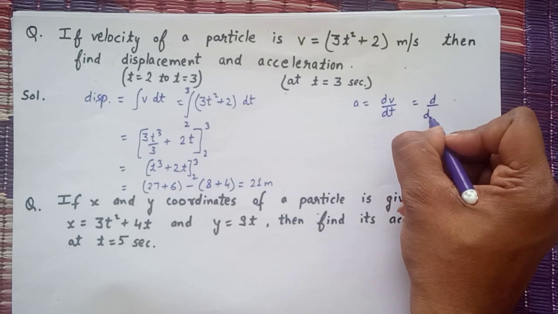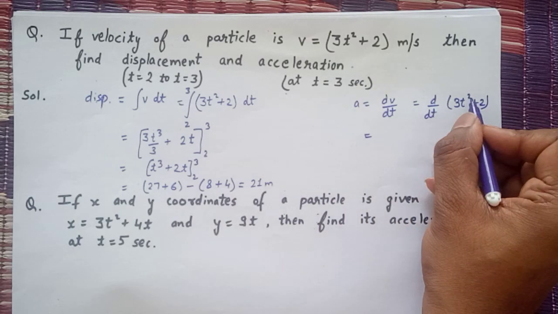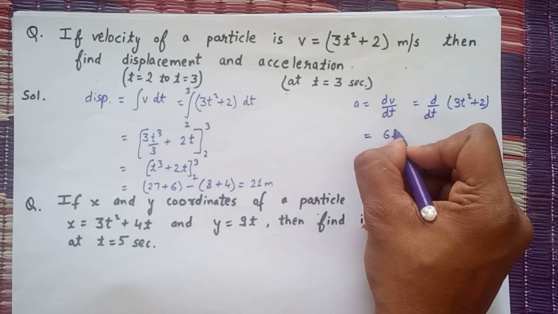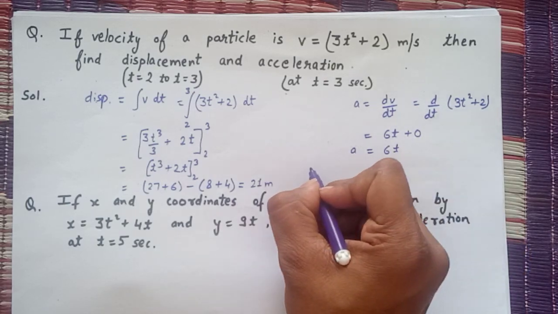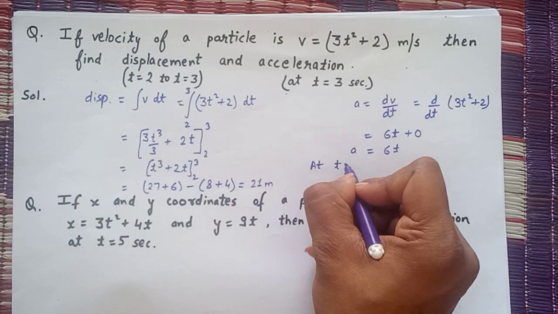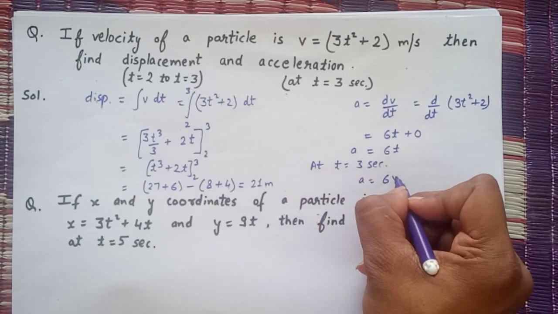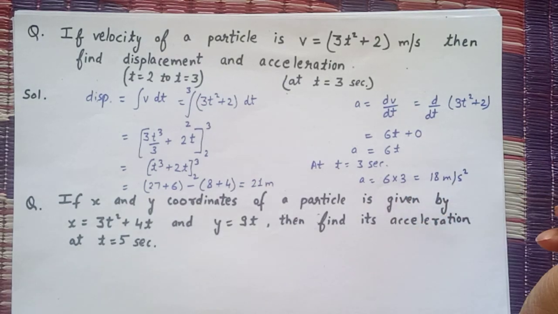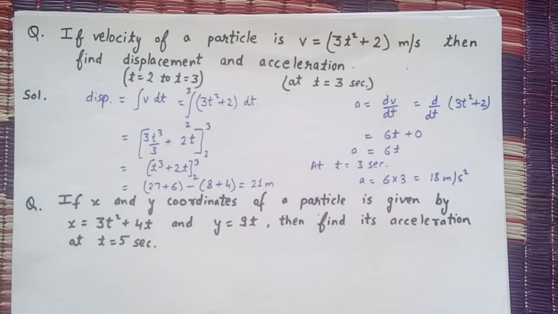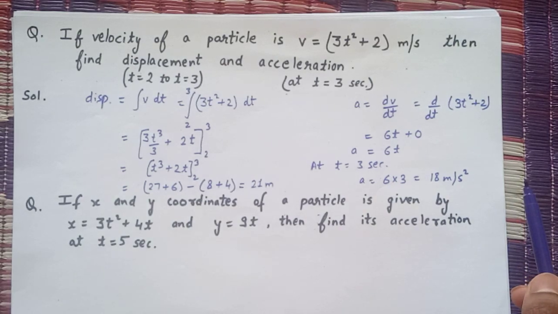So it will be d by dt of 3t square plus 2. Differentiating it, 2 will come forward, it will become 6t plus 0. So it is 6t. Acceleration at t equals 3 seconds will be 6 into 3, that is 18 meter per second square. Hence, the displacement is 21 meter, and the acceleration is 18 meter per second square.